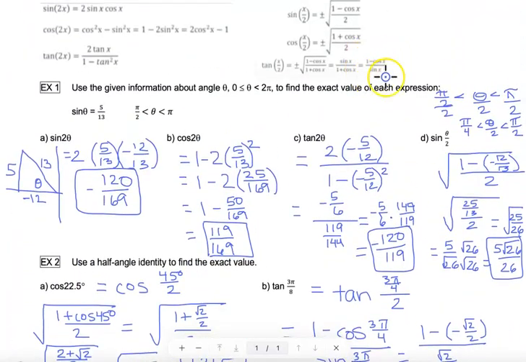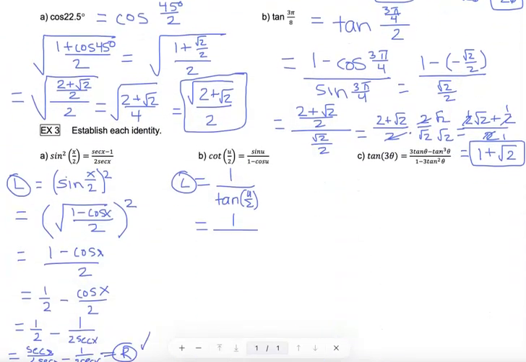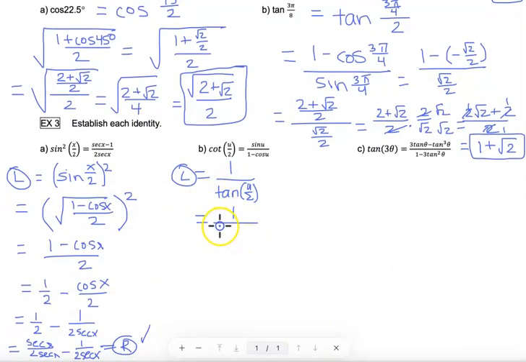So that's this one. So I'm going to do 1 minus cosine u over sine u. So 1 minus cosine u over sine u, which then, of course, becomes 1 times the reciprocal, which, of course, now is looking like my right side.